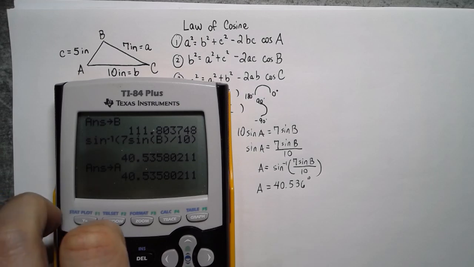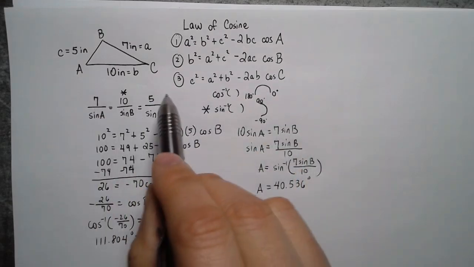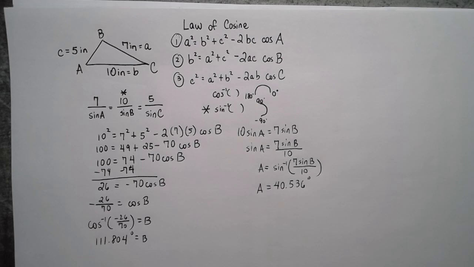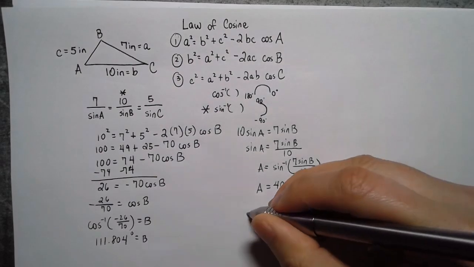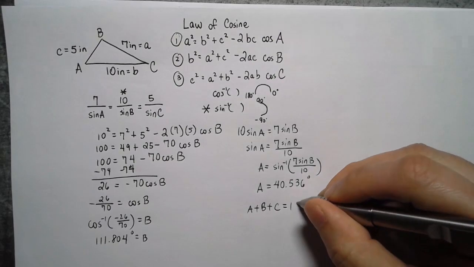So now I have the two angles. Therefore, to find the third angle, I technically have three options. I can use law of cosine to find angle C. I can use law of sines to find angle C. Or since I already have two angles, and the three angles in a triangle add up to 180, I'm just going to say angle A plus angle B plus angle C all add up to 180.